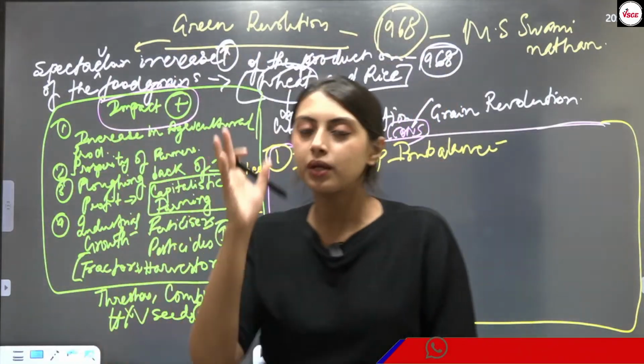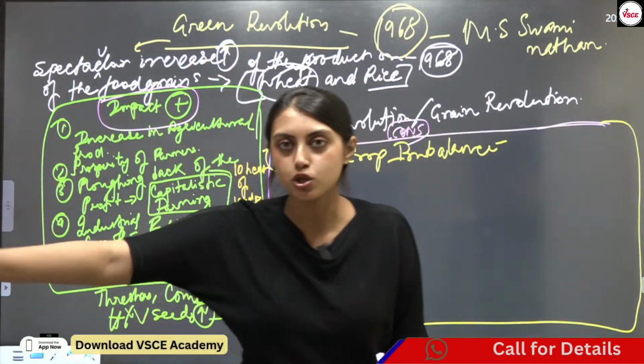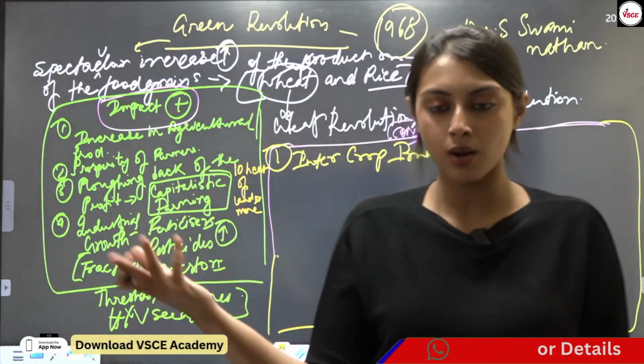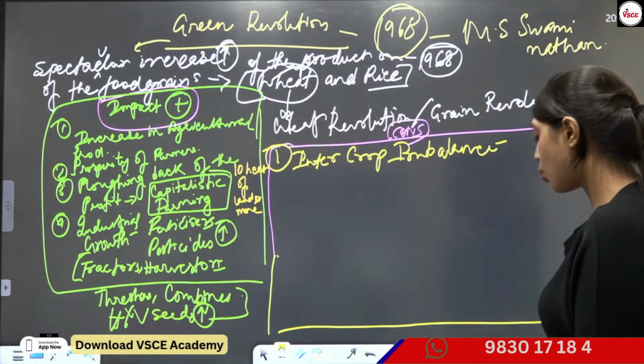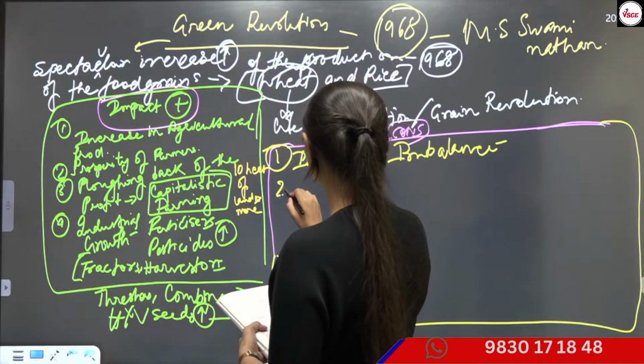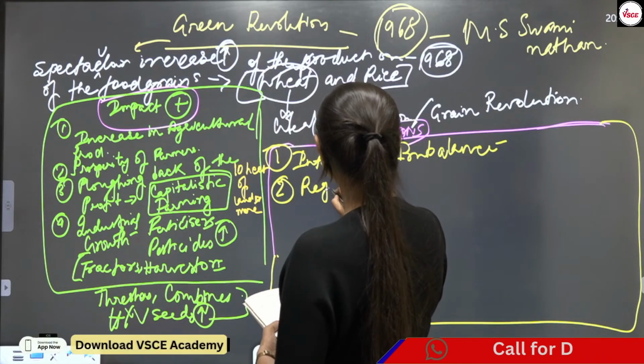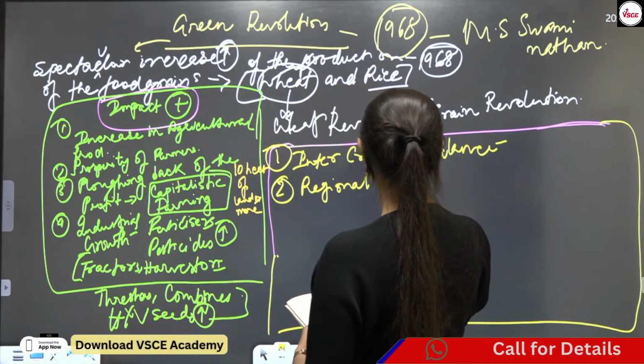So that is a problem. If the green revolution has to touch, then it has to cover these areas as well. Where is it? Nothing. So what do we see here? That is regional disparity again.